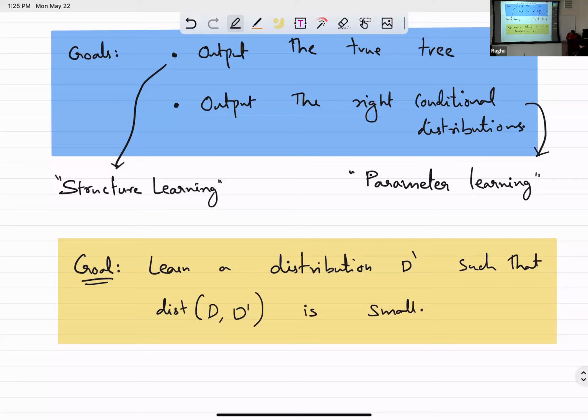I didn't use star before, so let me use just D. So that's what I'm trying to do. We want to learn a distribution such that the distance between what I learn and the true distribution is small.